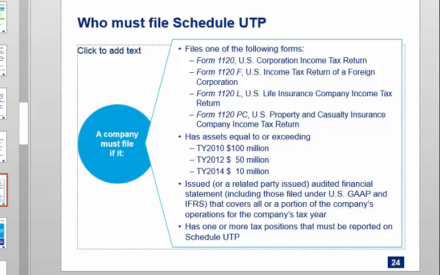What's interesting is FIN 48 was meant to bring more stuff into the population of reserves. It was meant to identify every position and make you go through the FIN 48 analysis for everything. And then once the FIN 48 information was shifted into IRS tax compliance, people started saying, maybe fewer reserves is better. There are statistics now, because enough years have gone by, on the Schedule UTPs that are filed, and it's something like 2.4 positions per large company.